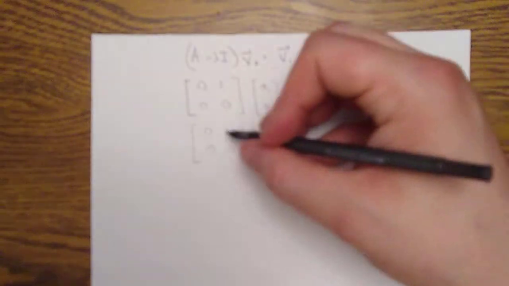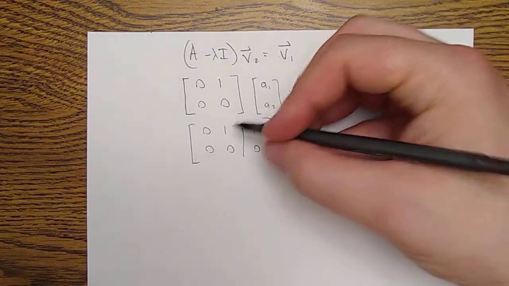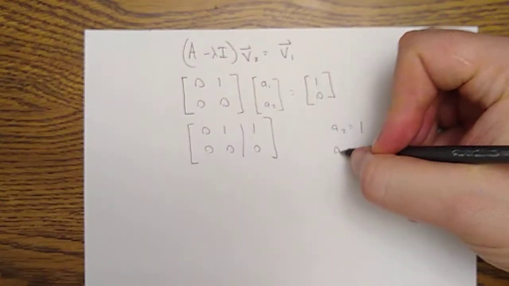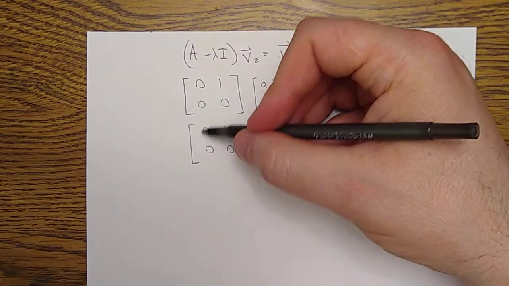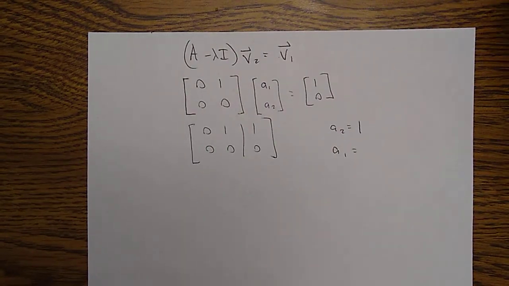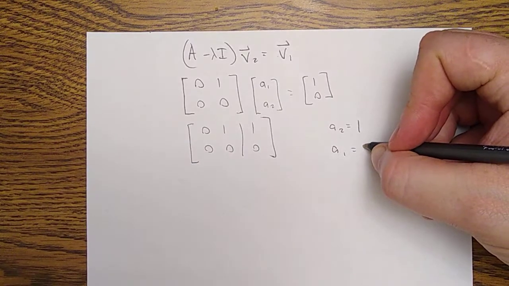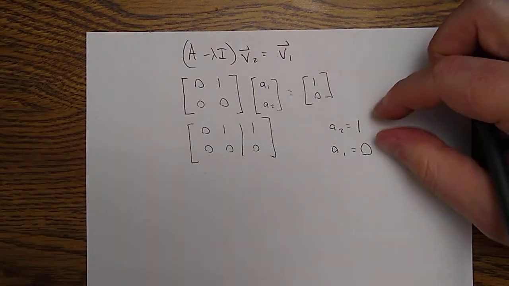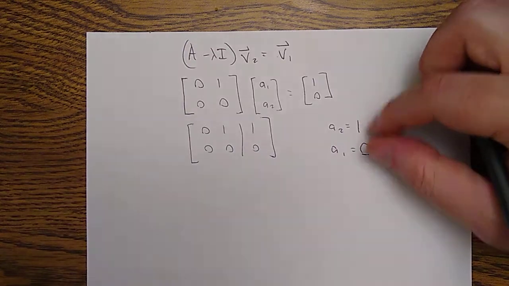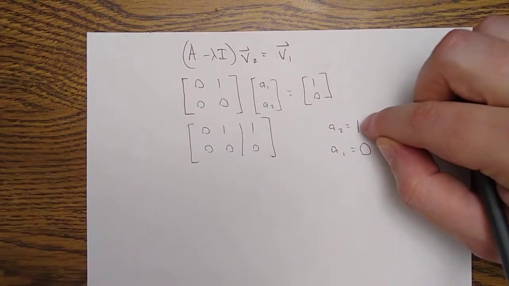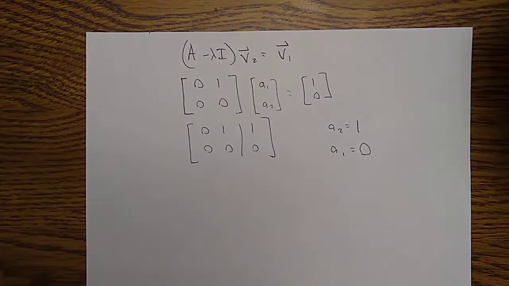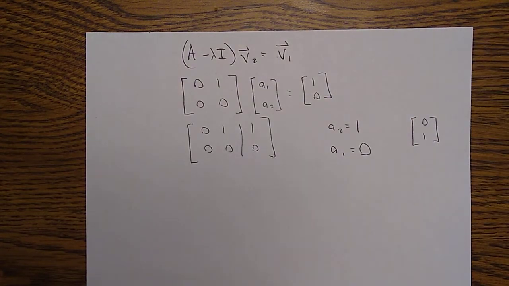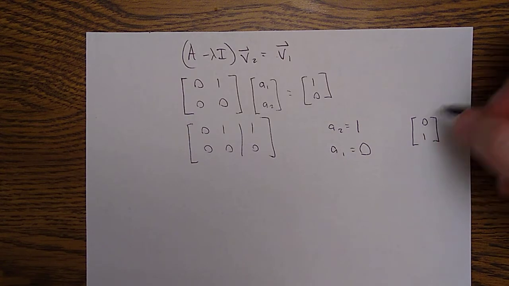So the solution to this is, this equation is just telling me that A2 is equal to 1. And A1 could really be anything. I could set that equal to t. Why don't I just set it equal to 0? Usually I don't set it equal to 0 because I want to avoid the 0 vector, but A2 is already not 0, so I won't get the 0 vector. So how about that? That can be V2.